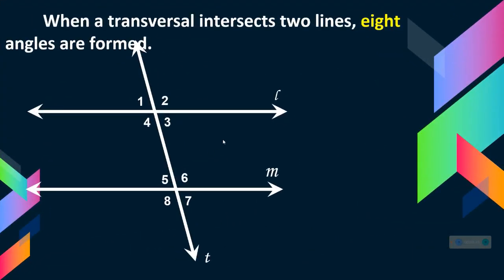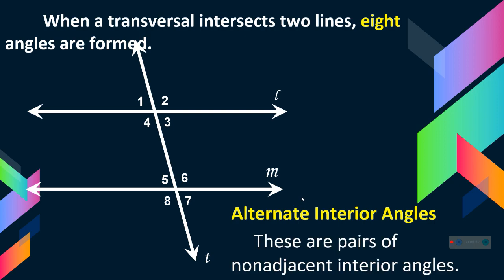Next, let's have the angle pairs formed when parallel lines are cut by a transversal. The first one is the alternate interior angles. These are pairs of non-adjacent interior angles. Therefore, you focus on the interior angles, or the angles between the lines.